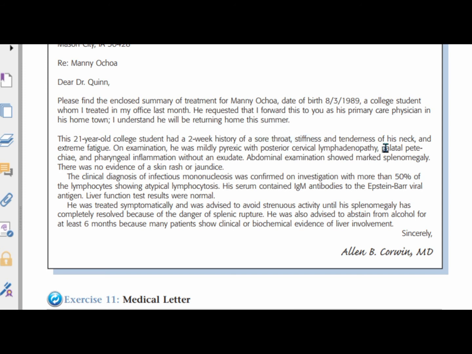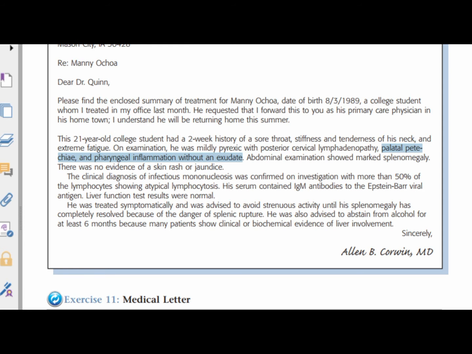Na makita na to, palatal petechiae and pharyngeal inflammation without exudate. Diba? Pharyngeal, throat inflammation. The code, cervical lymphadenopathy. So, may cervical lymphadenopathy. Cervical means neck, lympha, this refers to your lymph nodes in your neck.